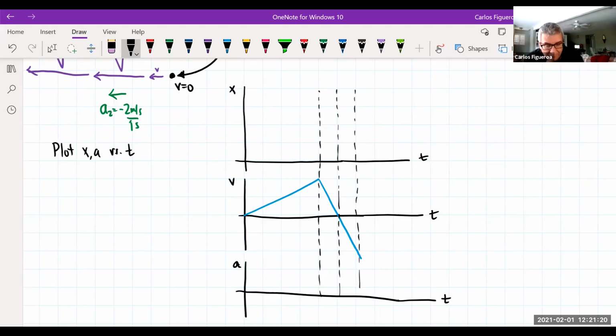So the first portion of this curve is doing what? It's speeding up. So if I'm speeding up, then my slopes must be increasing. Why is it increasing? Because I have a positive acceleration.